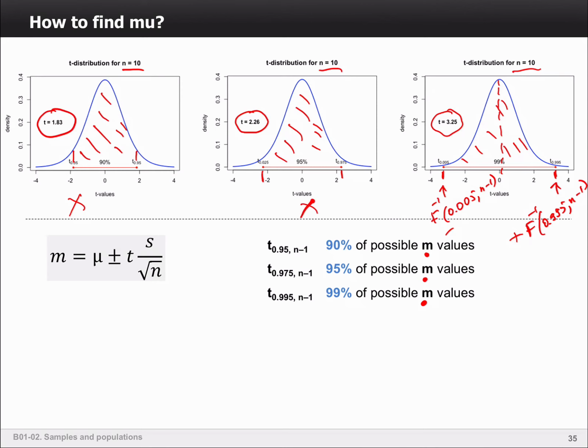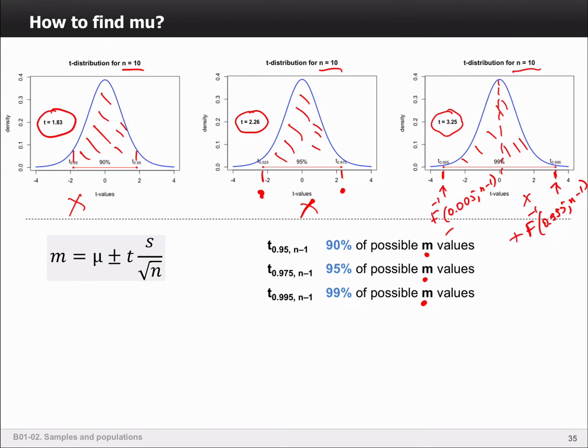If you have this one, again, every time you take a sample, you have a 95% chance that your sample statistic, your sample average, will be within this interval around the true population average. Okay. Then finally, in this case, you have 99% of cases, a 99% chance.